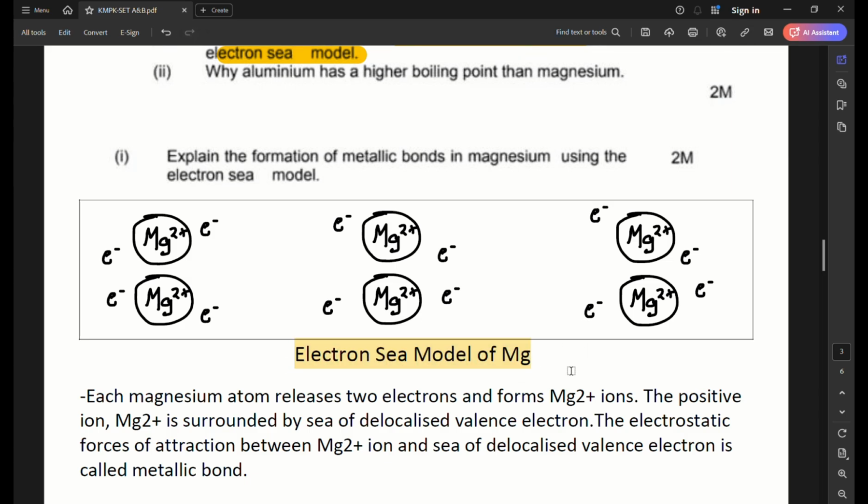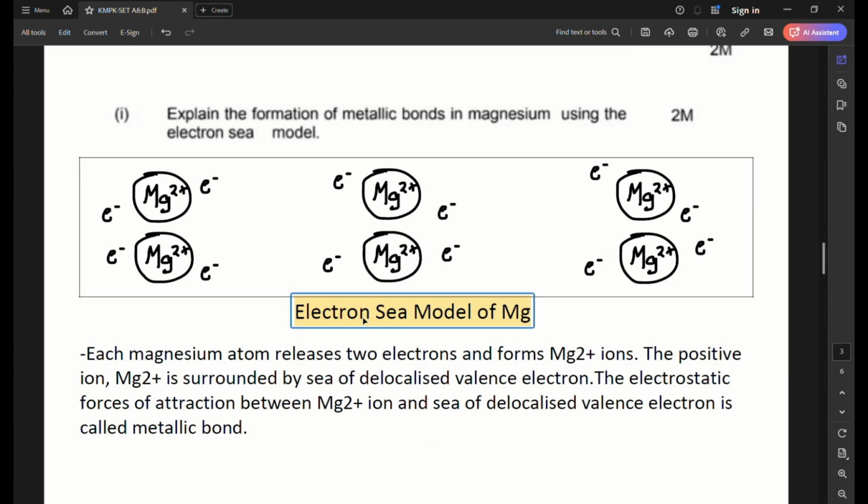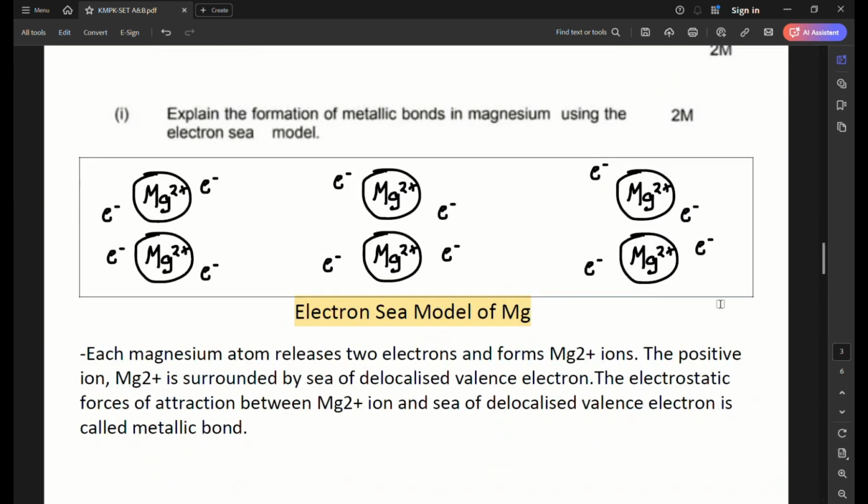This is how to draw the metallic electron sea model, as you can see here. The minimum number of atoms to draw inside the box is 6.